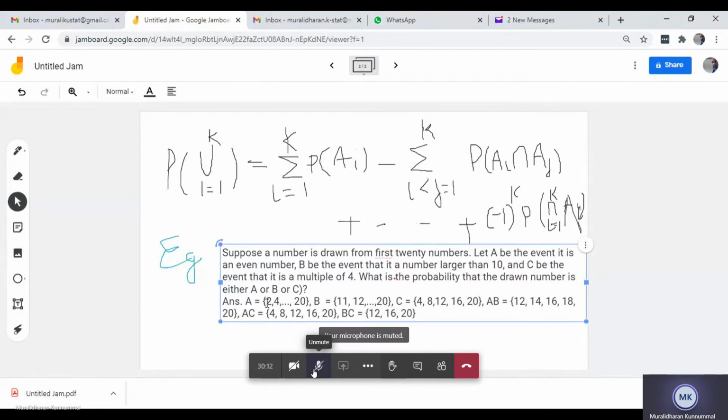Right? What is A intersection B intersection C? Tell me the intersection of all three: 12, 16, 20.